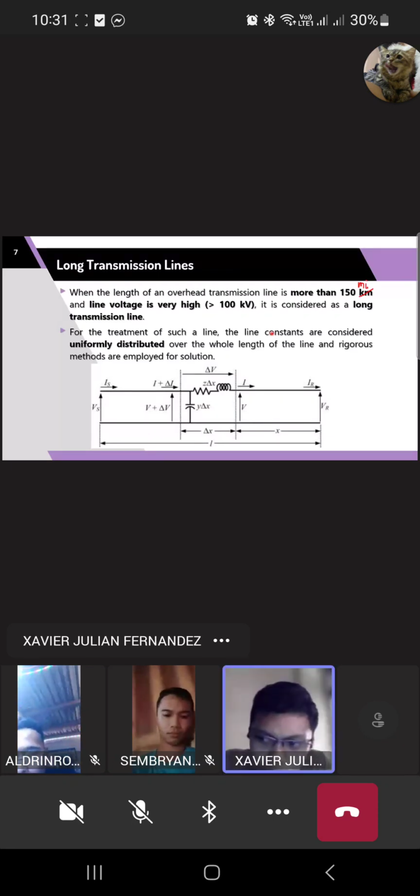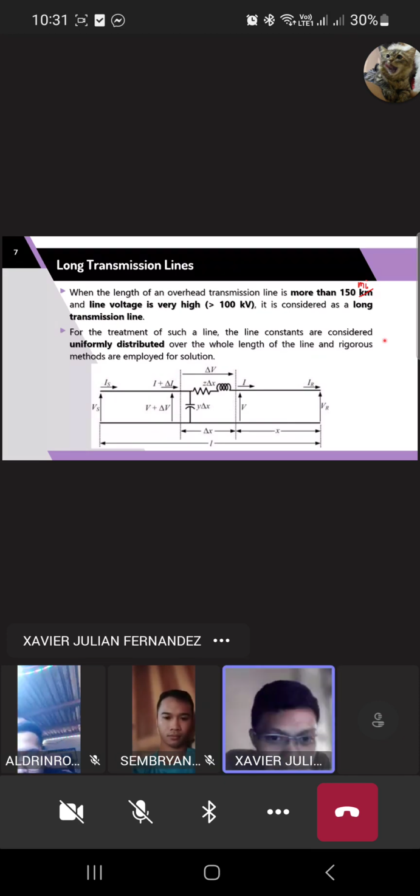So for a long transmission line, we follow the actual uniform distribution of your parameters. Meaning all your parameters are present in the long transmission line: lowercase r, lowercase l, lowercase c, lowercase g.